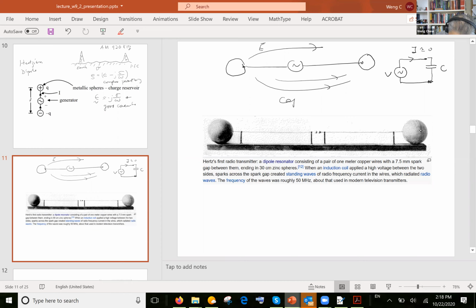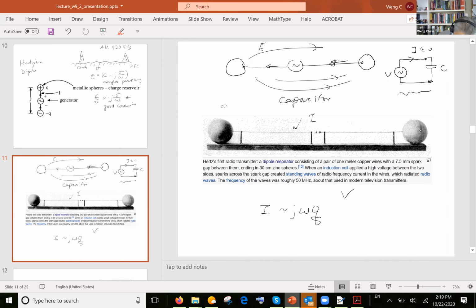And what you have then is a capacitor between the two spheres. So his circuit model for the dipole is more like this, and the current that he has flowing in his metal wire is not zero. And that is his picture. This is from some historical picture that I got from Wikipedia. So there's a current I that flows here, and that current I is something like jωQ.